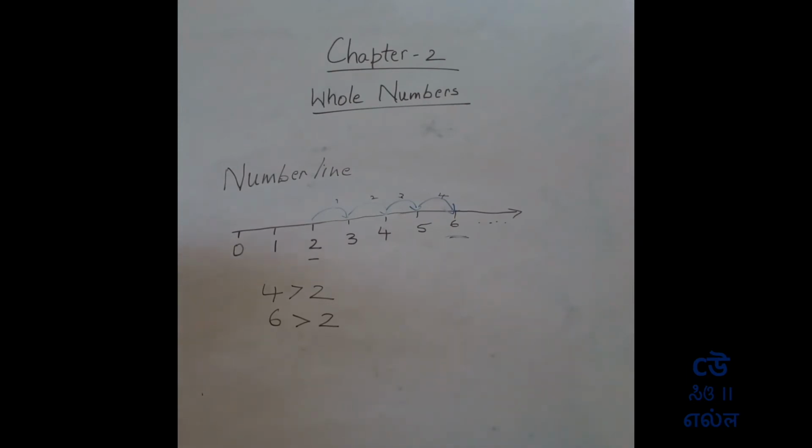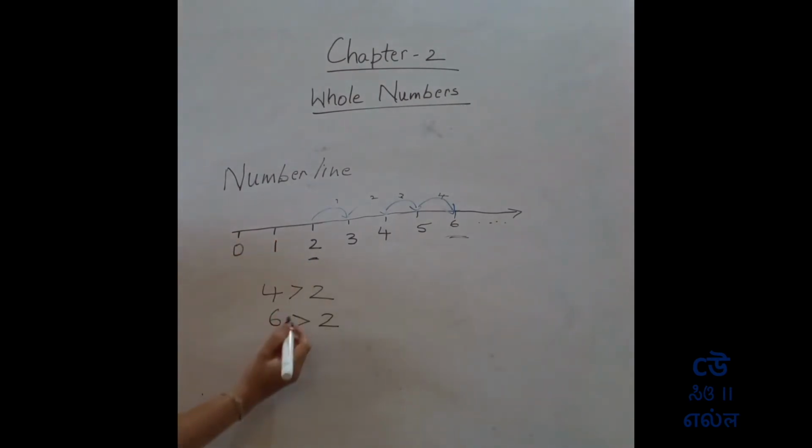From this observation, we can tell that for any two whole numbers, the number on the right of the other number is the greater number. To the right of 2 we have 3, so obviously 3 is greater than 2. Like that, 4 is greater than 2. So the number on the right will always be greater than the other number.